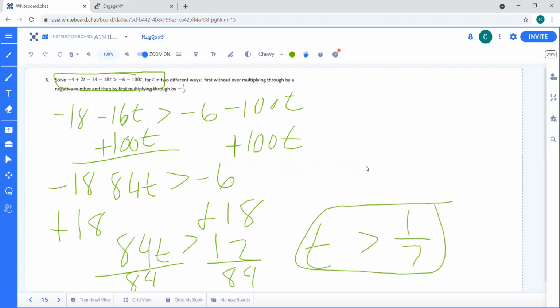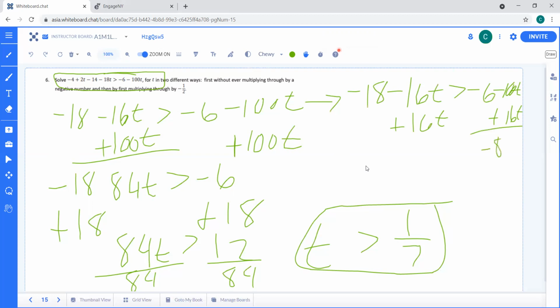Yep. So there's that. Now it wants us to do it by multiplying through by negative 1/2. Okay. I'm still going to combine like terms. I'm still going to start right here. So I'm just going to rewrite this as negative 18 minus 16t, equal to negative 6 minus 100t. Okay, so instead of that, they're saying go ahead and just add 16t. That gives me a negative 84t. I add 6 to both sides.